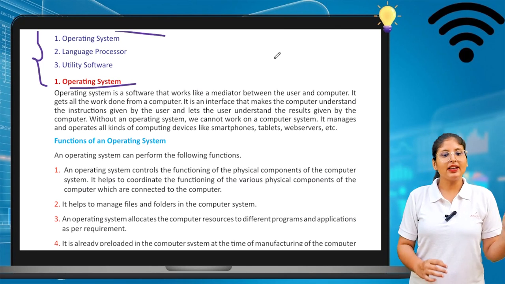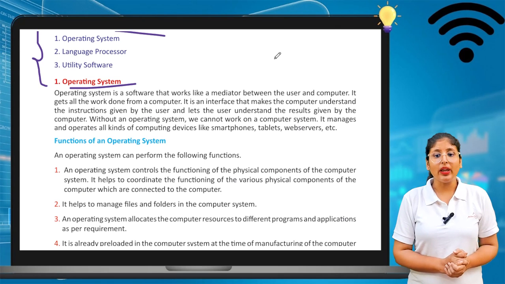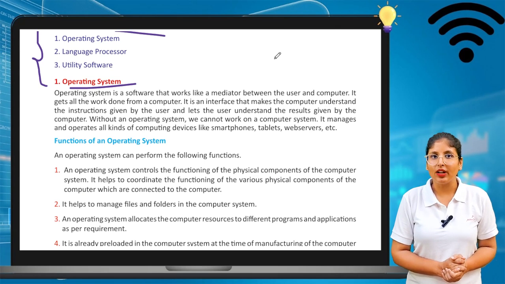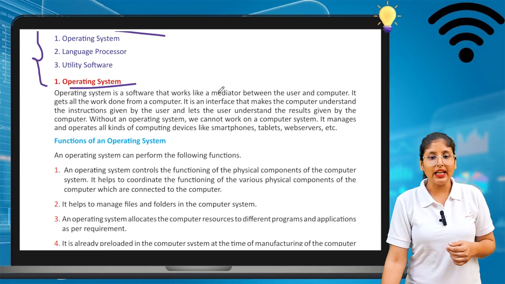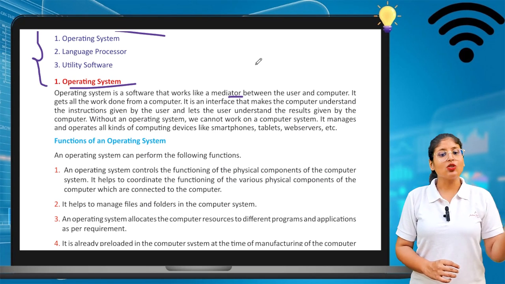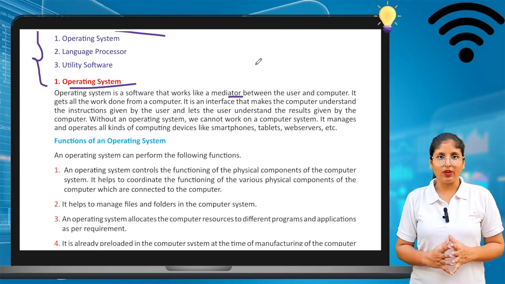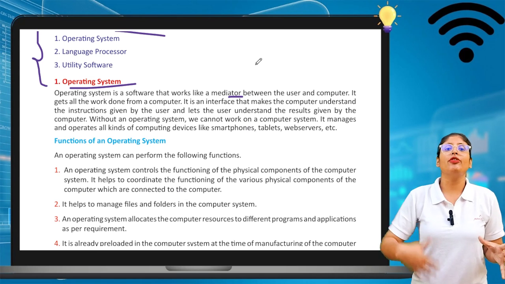Operating system is software that works like a mediator between the user and the computer. It gets all the work done by the computer. So with the help of the operating system we can perform the task.